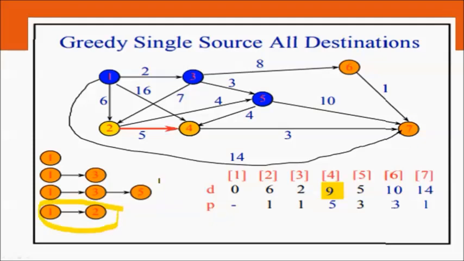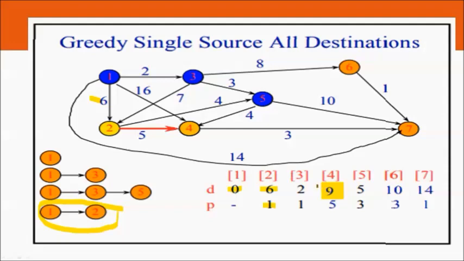Again, checking the distance and the predecessor. 1 to 1, we don't have a loop, that's why it is 0. Vertex 1 to vertex 2, of course, we have 6, and the predecessor is vertex 1.